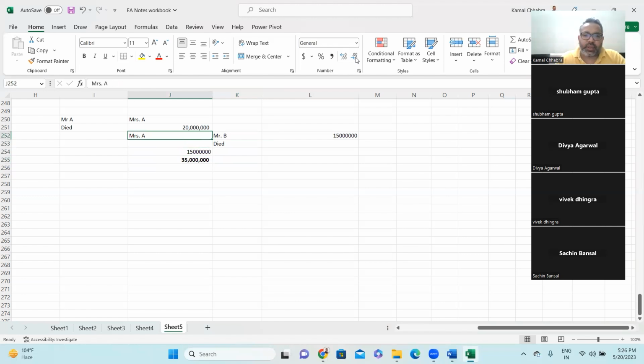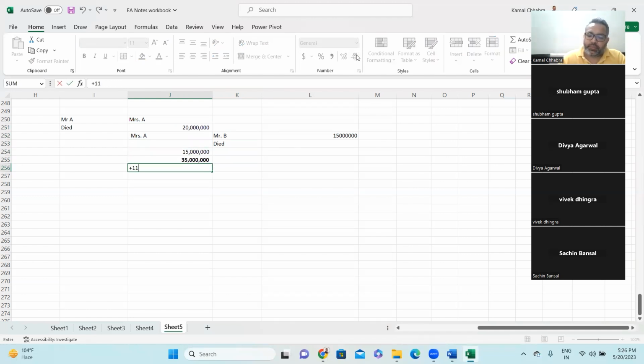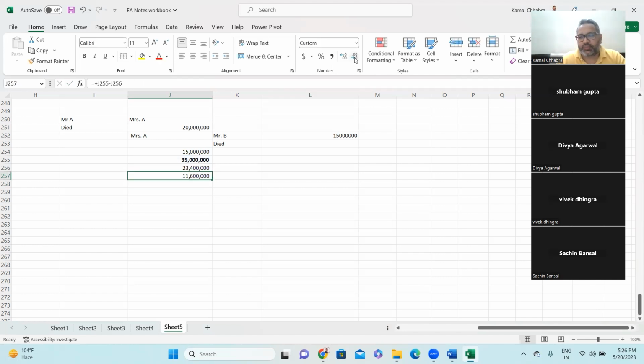So in this scenario, the cumulative exemption available to her is 11.7 million plus 11.7 million. So up to $23.4 million, she can claim the exemption, and only for the remaining she needs to pay taxes.